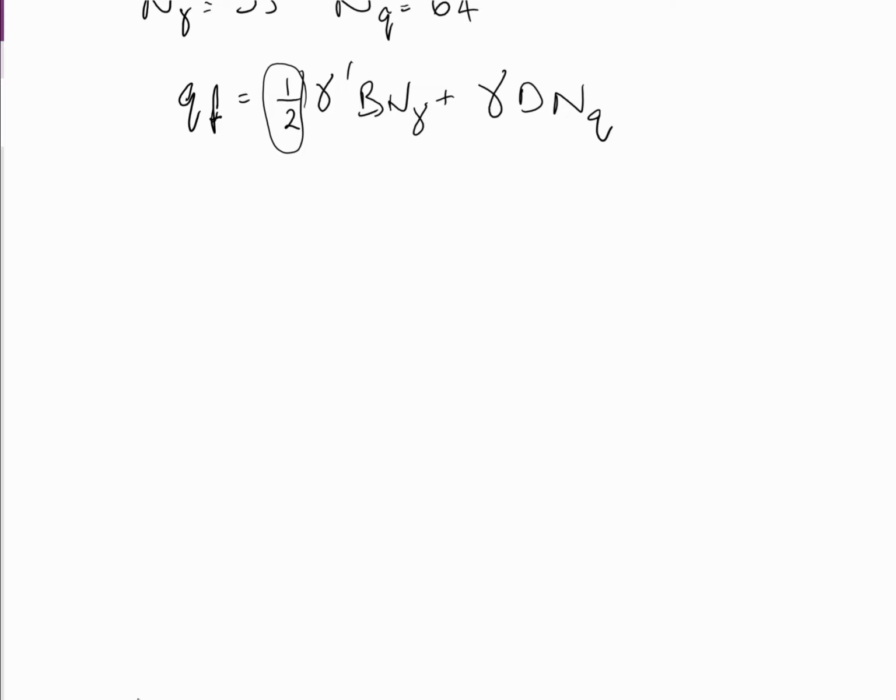Okay, so going on from that, equals 0.5 times 10.2 effective gamma times B, which is the unknown, times N gamma, which is 95, plus 17 times 0.7 depth times 64.